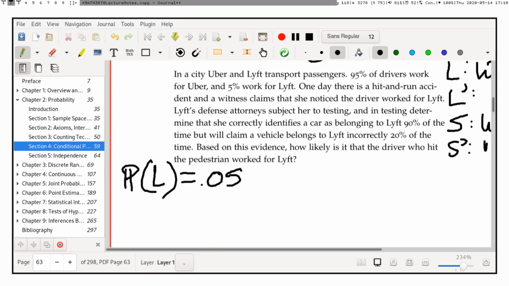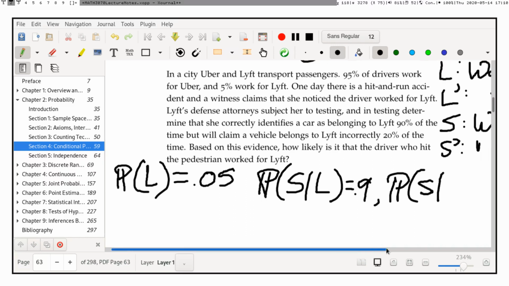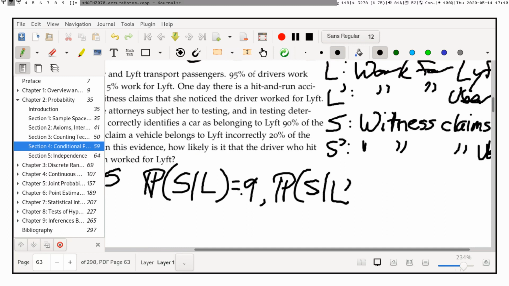And the probability that the witness says that the car worked for Lyft, given that the car actually worked for Lyft, is equal to 0.9. And the probability that the witness says the car was a Lyft car, given that the car actually worked for Uber, is going to be 0.2.